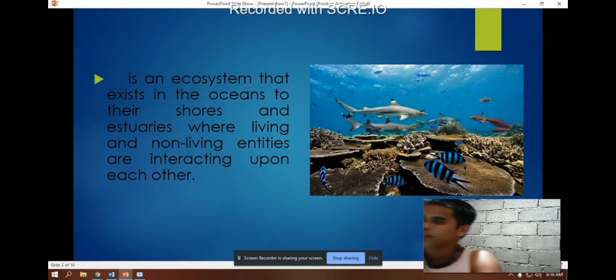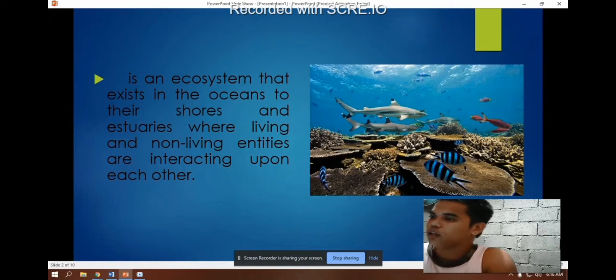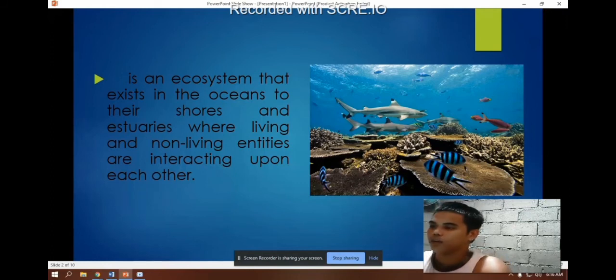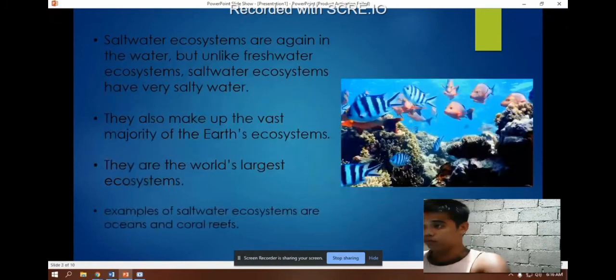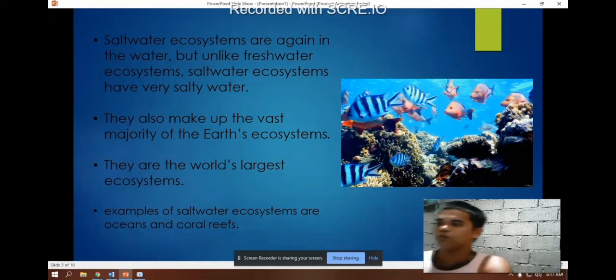So let's start. It's an ecosystem that exists in the ocean, to their shores and estuaries, where living and non-living entities are interacting upon each other. Saltwater ecosystems are again in the water, but unlike freshwater ecosystems, saltwater ecosystems have salt water.